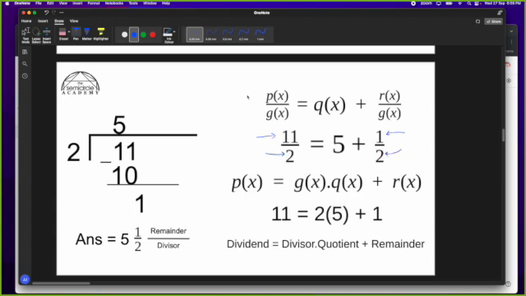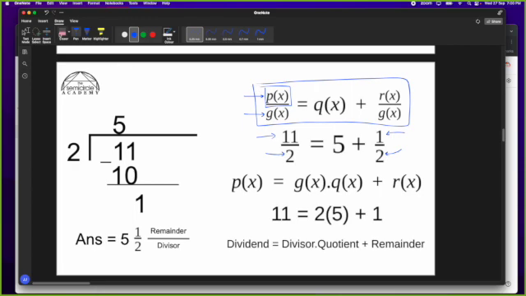So you see the first multiple, the 11, let's call that P of x. And P of x is being divided by G of x. These are just symbols that we are using to represent the functions. So this becomes like a formula then, right?